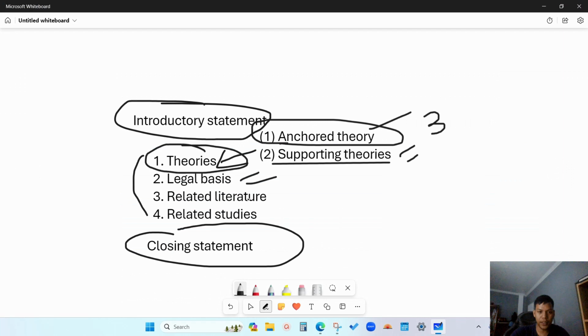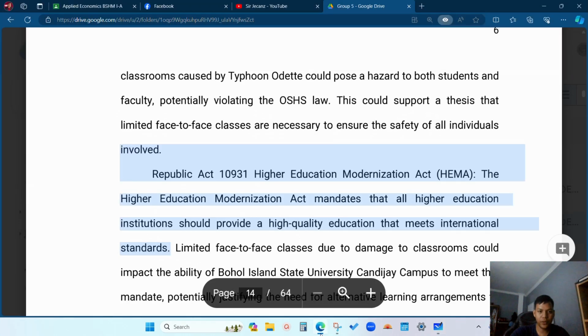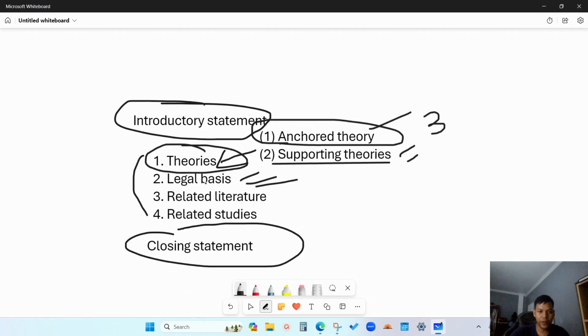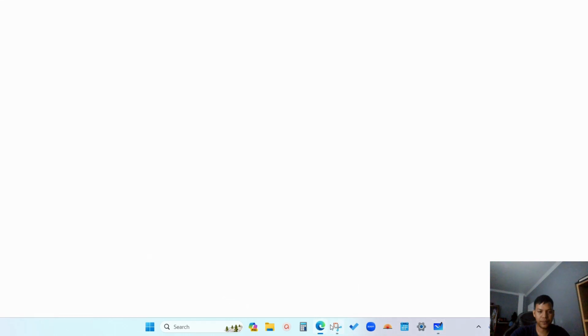So that is the third legal basis. I have shown you the example of this previous manuscript. There are theories, an anchored theory and 2 supporting theories, and after the theories, there are 3 legal bases. Now let's proceed to the related literature.